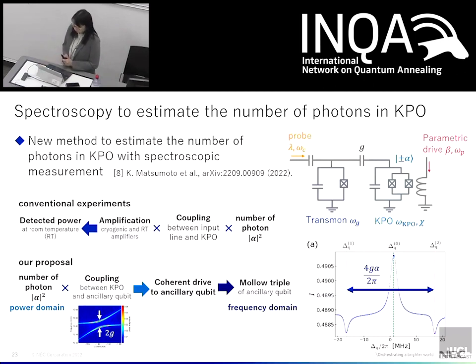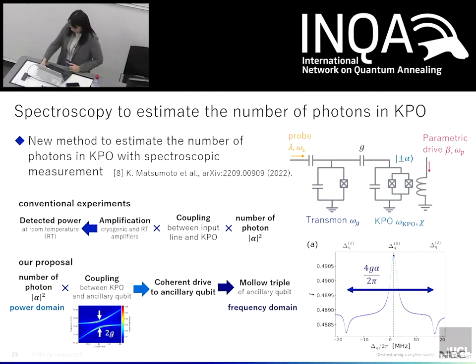The number of photons in the KPO can be estimated from the output power from the KPO, but because the output signal is amplified and attenuated in the transmission line, it is not easy to determine the absolute value of the output power.